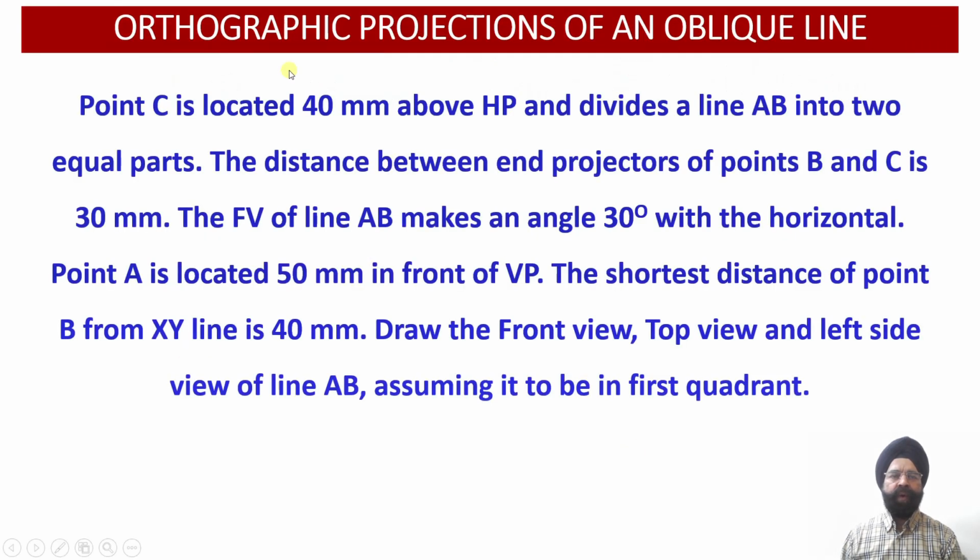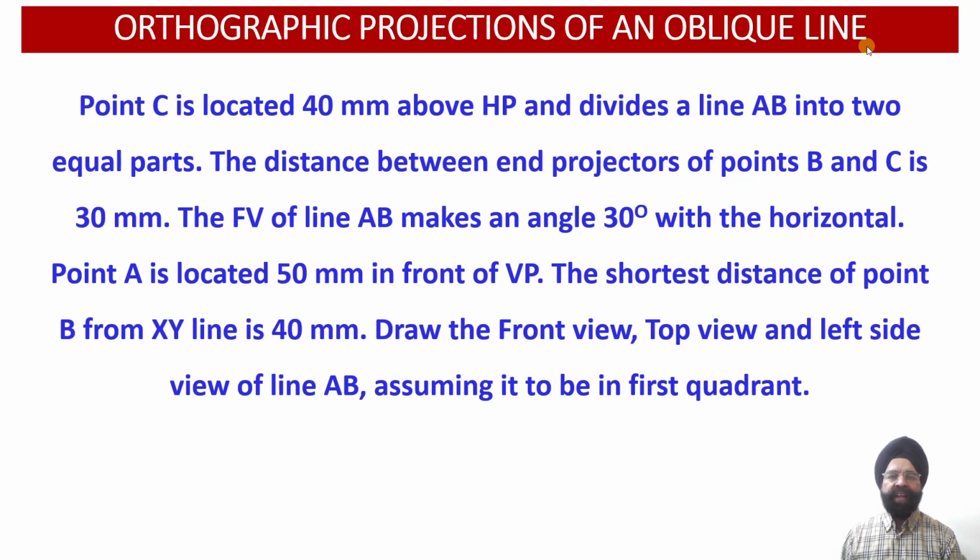Now here we are required to evaluate the orthographic projections of an oblique line in which we are required to connect the different dots in the given problem. That is, we have not been provided with the direct locations of the ends of the line AB.